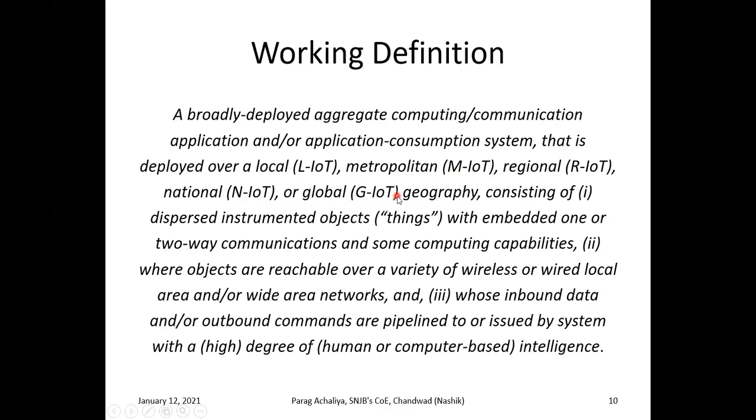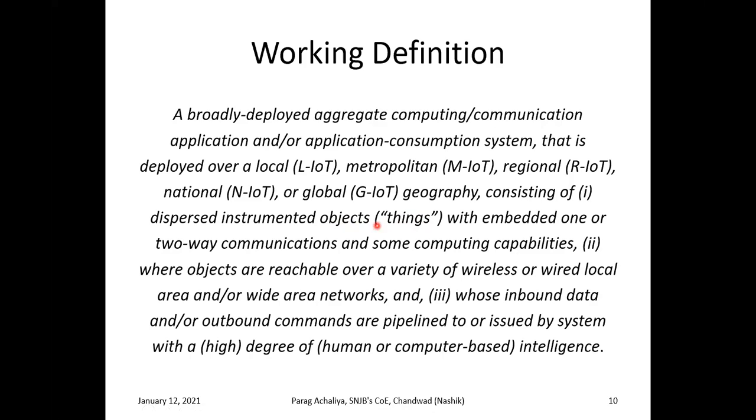What exactly will it consist of? Number one, dispersed instrumented objects, that is, things with embedded one- or two-way communication and some computing capability. So what exactly will this IoT have? It will have various objects or various things. As I told you, you can read it as an object, thing, or machine.